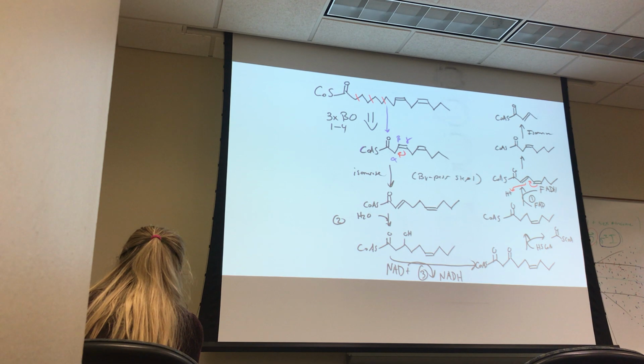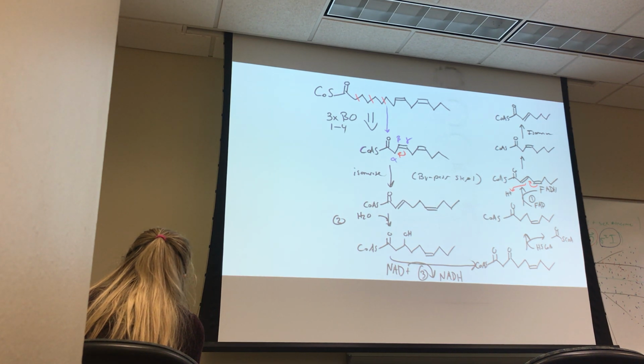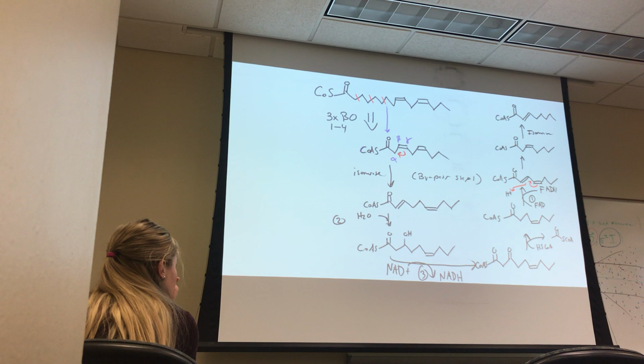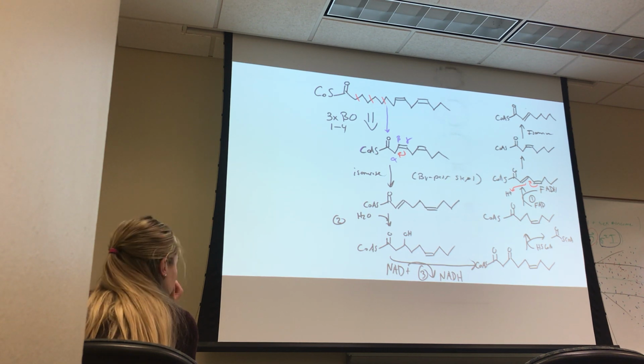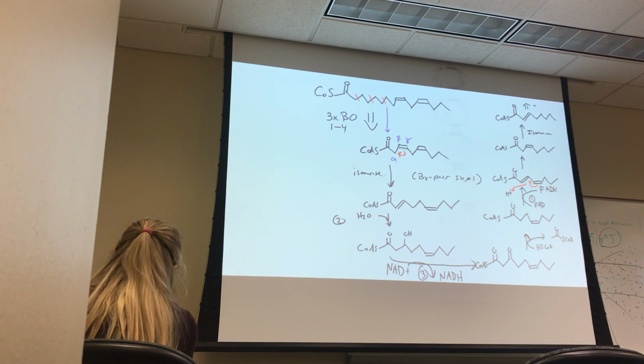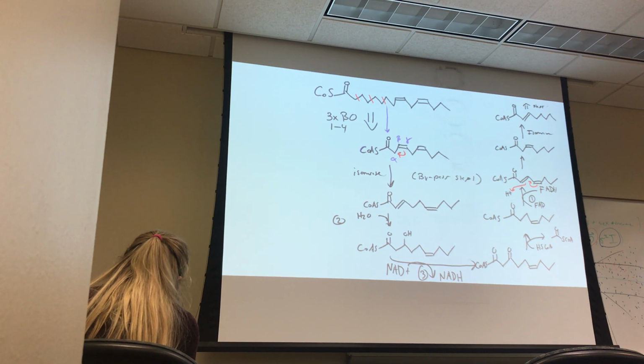We'll flip it over between the alpha and the beta. And then now we can just do steps 3 through 4. And that's it.